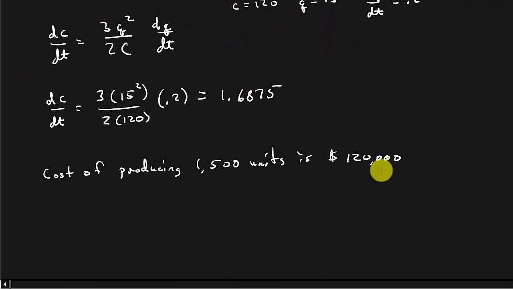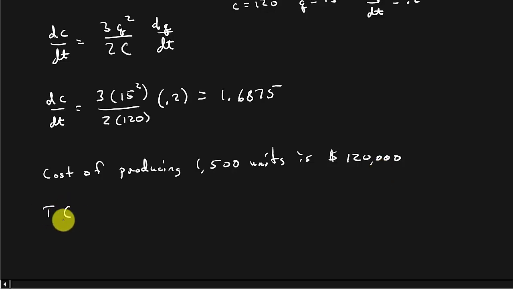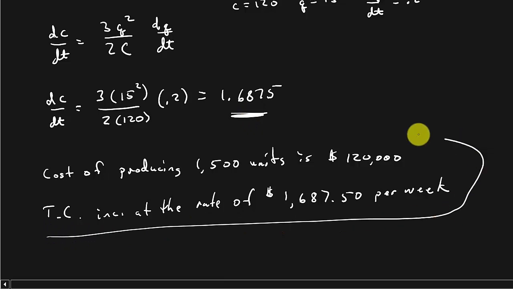And at this level of production, the total cost is increasing at the rate of $1,687.50 per week. So I have to put that in thousands. Okay, and there you go. That's what they're wanting.